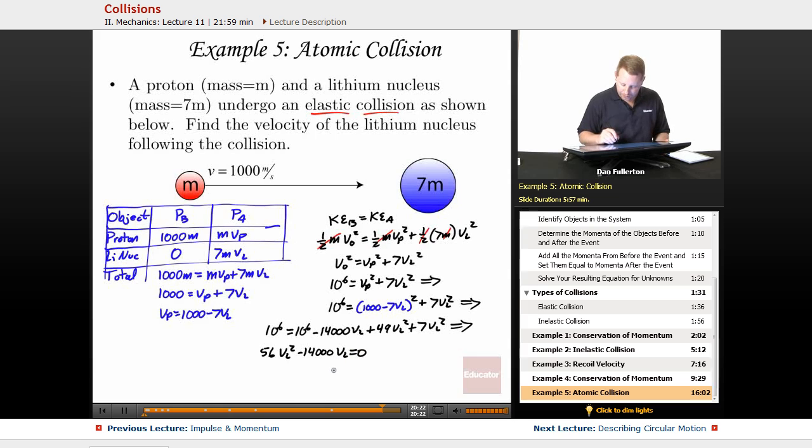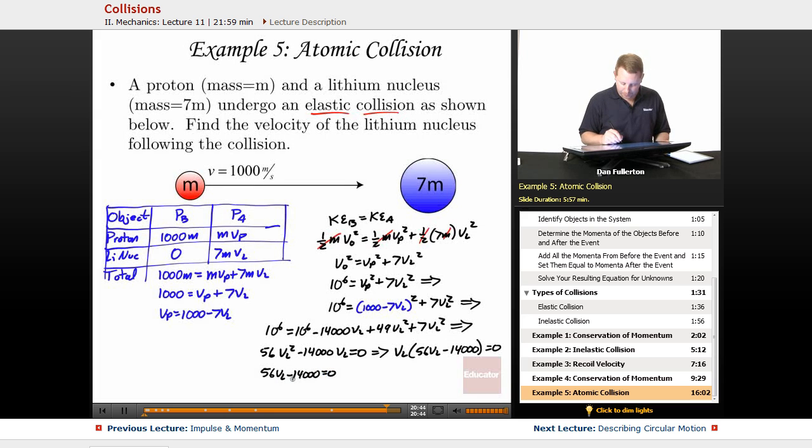And we can factor out a VL to say that VL times (56 VL minus 14,000) equals 0. So either VL equals 0 or 56 VL minus 14,000 equals 0.